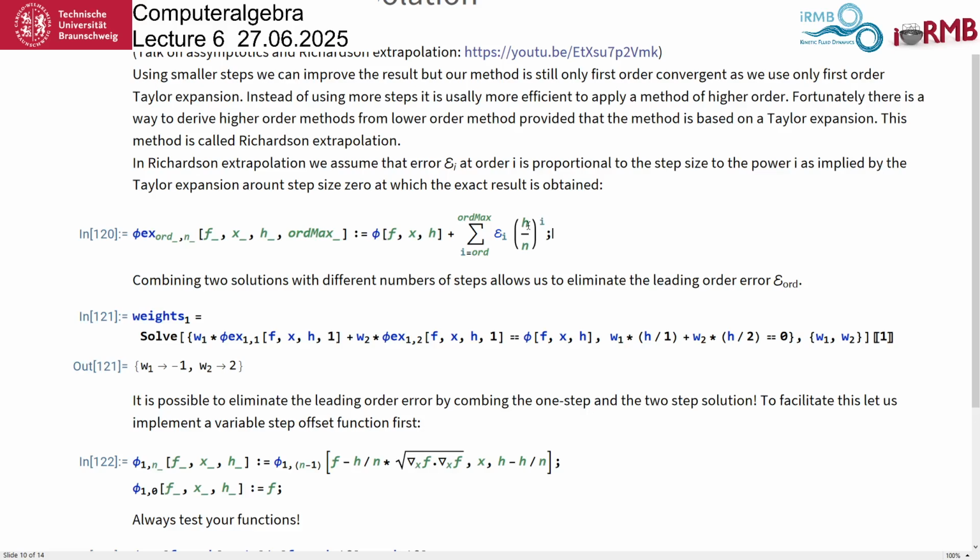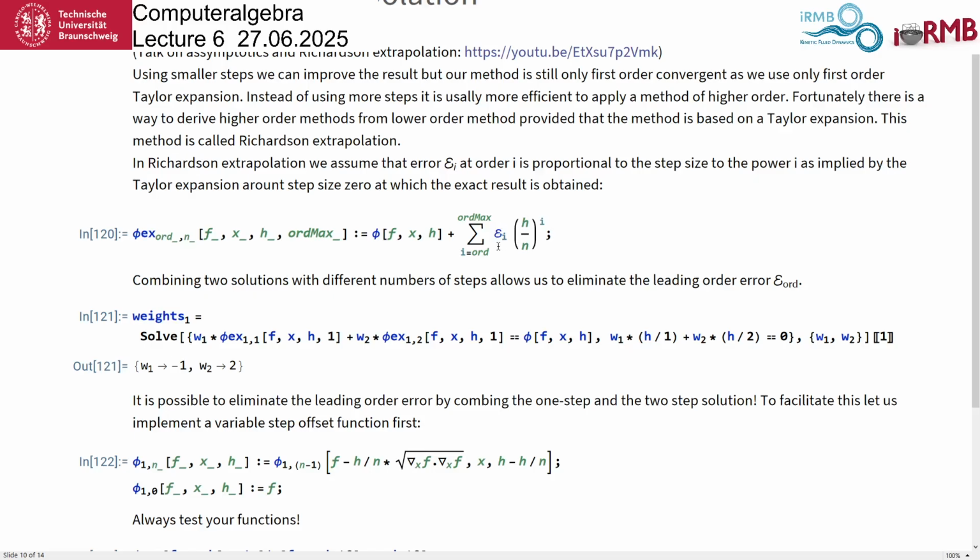If we go with 2 steps the same distance, our smallness parameter is then 1/2 of what we have when we go 1 step. And if we go in 4 steps, again the smallness parameter is smaller. So the idea is we combine the solutions in order to eliminate some of the leading order error.